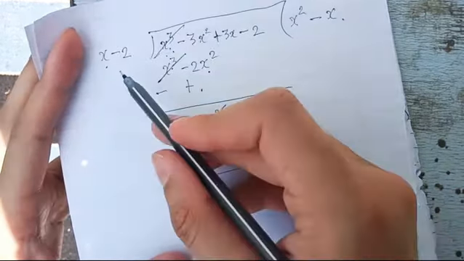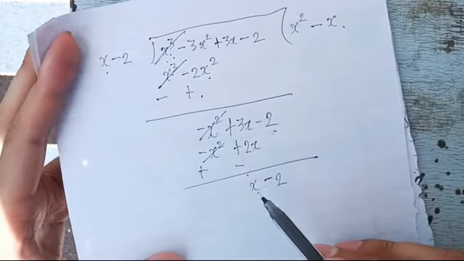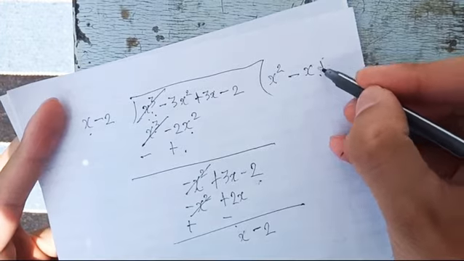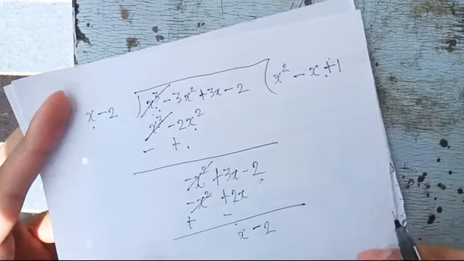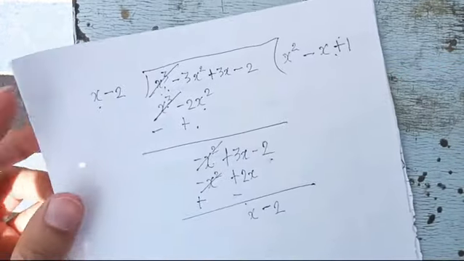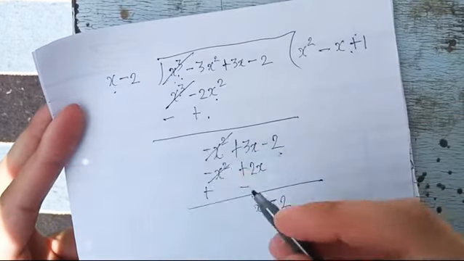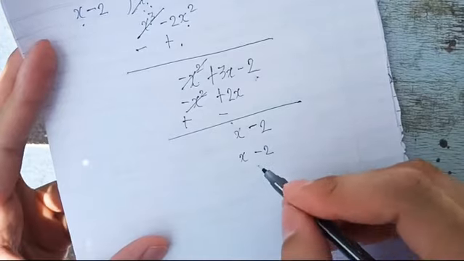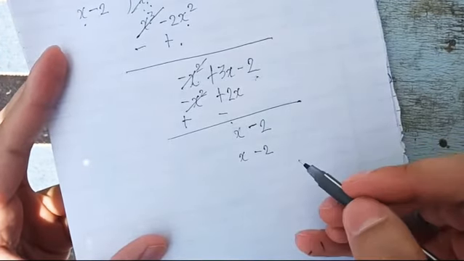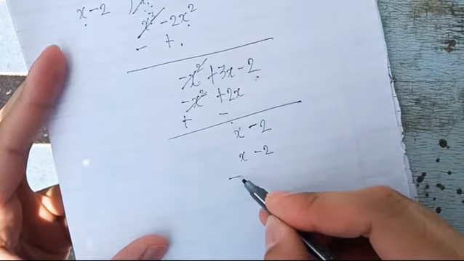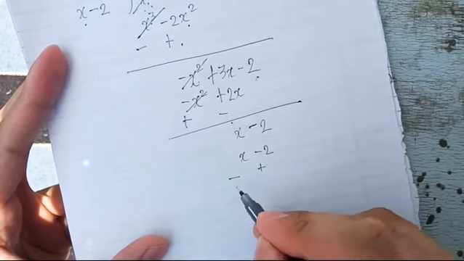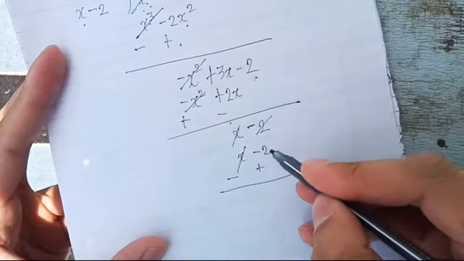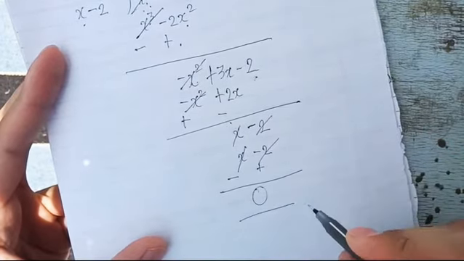Now here also x minus 2, and here also x minus 2, so we only need to multiply with plus 1. So 1 into x minus 2 will become x minus 2. When we subtract them, x and x will cancel out, minus 2 and plus 2 will cancel out, the remainder is 0.